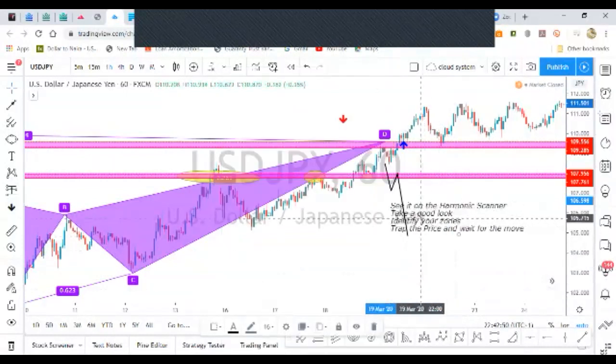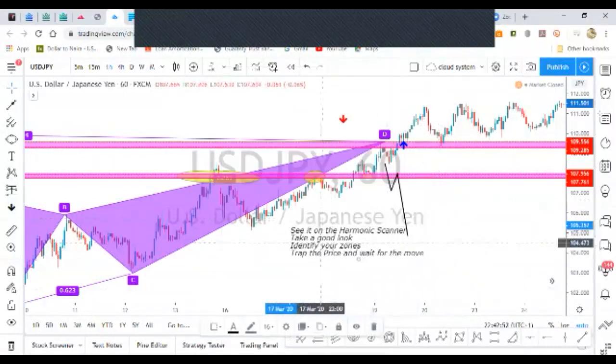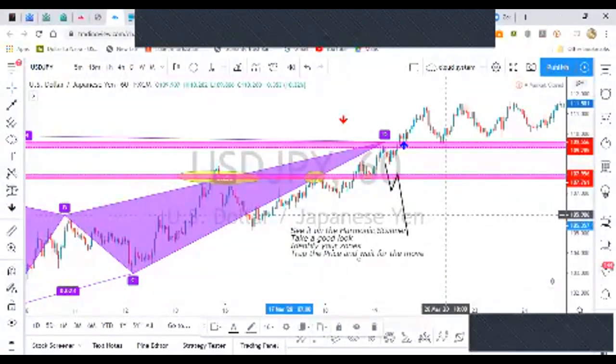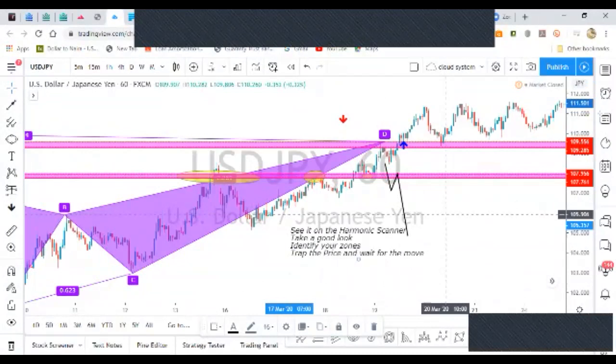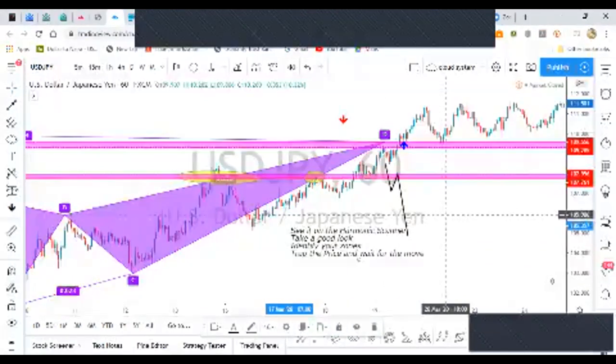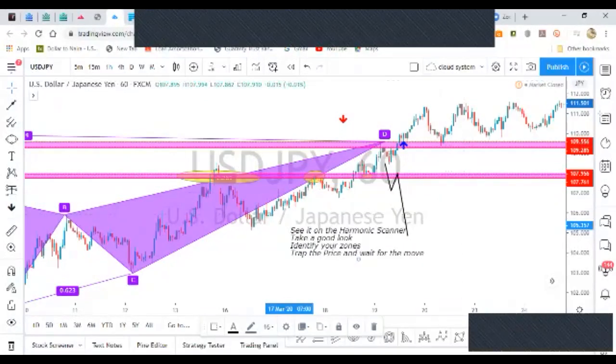So these are my rules, basically. See it on the harmonic scanner. I take a good look at it. I identify my zones, and then I trap my price.